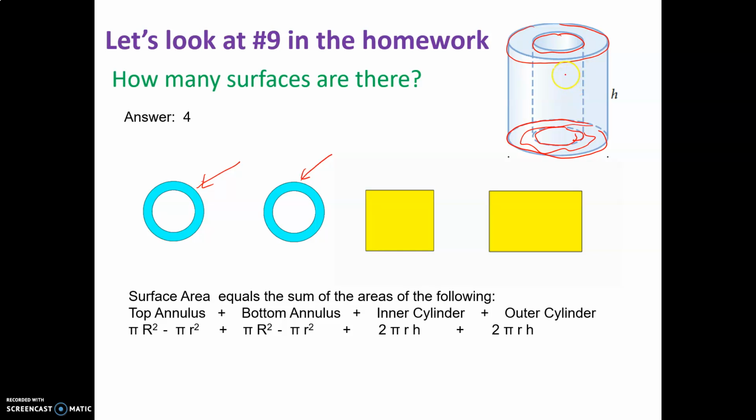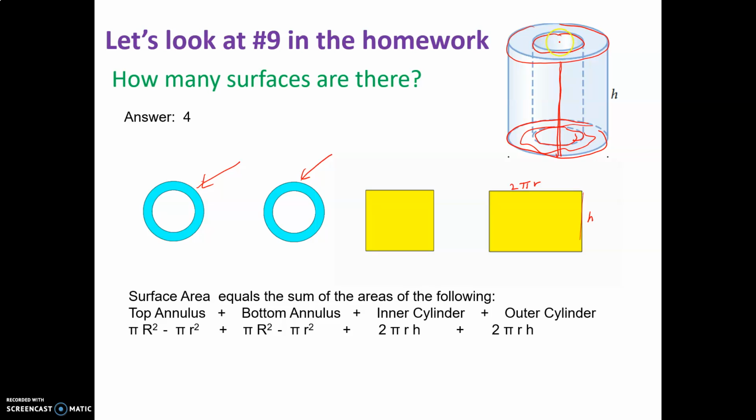And then I have the outer piece. So if it's like a soup can, you cut it open and open it up. So this is 2 pi r, the circumference, and then this is the height of the object. And then I also have the inside, which is going to be covered if I want to cover this paper towel roll.